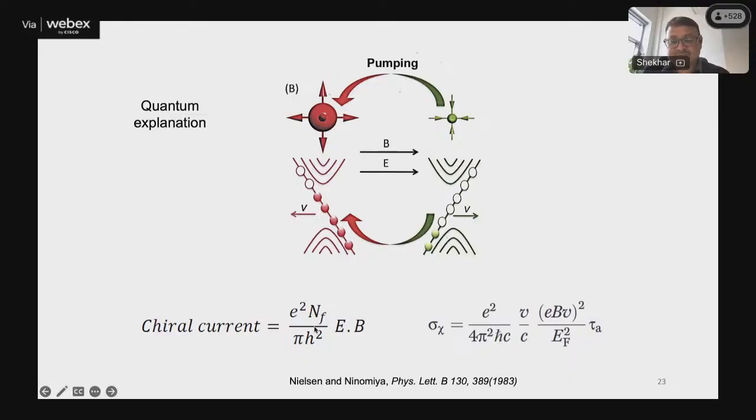But once we measure here, we have an extra term generated, which is called the chiral current. The source of the chiral current is the pumping from one source to another, from source to sink. That only happens once we have a Weyl semi-metal, which means we have Weyl points which act like a source and sink.